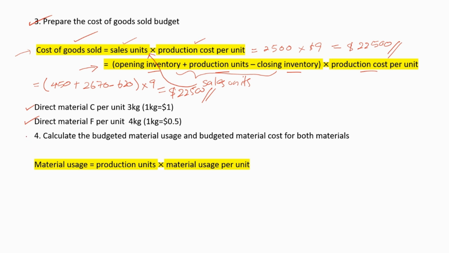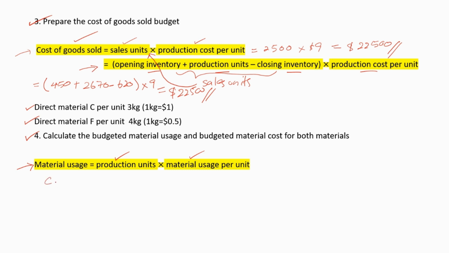Now they are asking to calculate the budgeted material usage and budgeted material cost for both materials. We can use this equation to calculate the material usage. Material usage is the amount of materials which will be used in the production. So material usage is equal to production units multiplied by the material usage per unit.